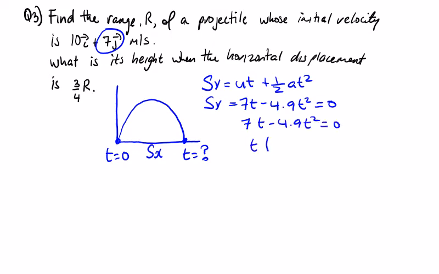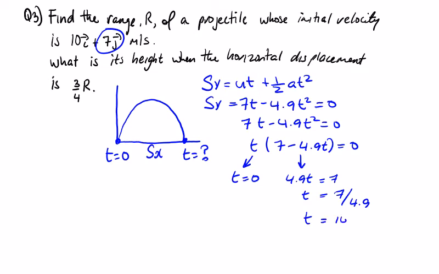So 7t minus 4.9t squared equals 0. I could take t out, which would leave 7 minus 4.9t equals 0. We could divide by 4.9 if you wanted, but I think you can do it this way as well. So 4.9t is equal to 7. So t is equal to 7 over 4.9, which you've already seen. There's 10 0.7s in the top and 7 of them on the bottom.